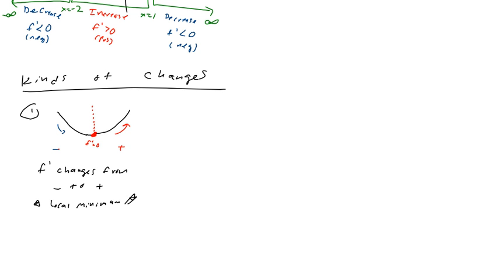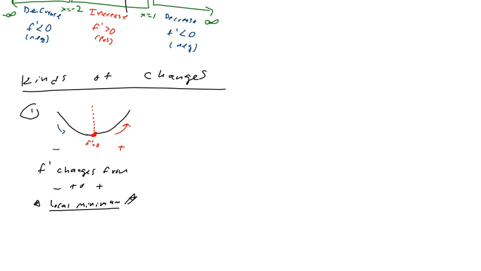Think about it. If you go from negative to positive, if you were decreasing and then you were increasing, you hit some bottom. Right? So that is a relative minimum, or local minimum, of a graph, if you change from negative to positive.